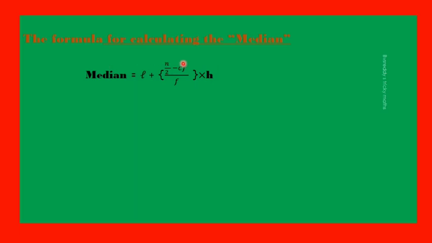Here we have to define the terms. In this formula, what is meant by L? L is the lower boundary of the median class. And what about n? n means the number of observations.